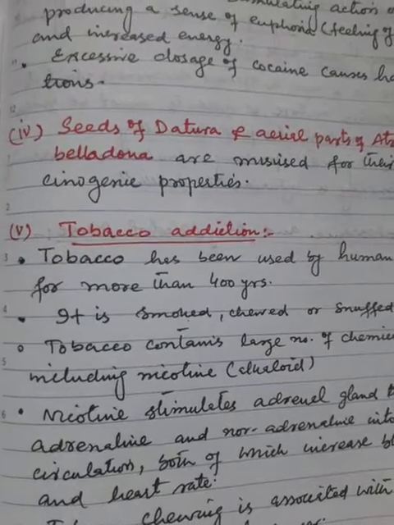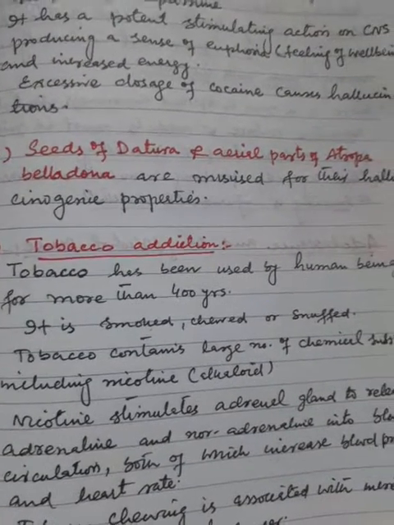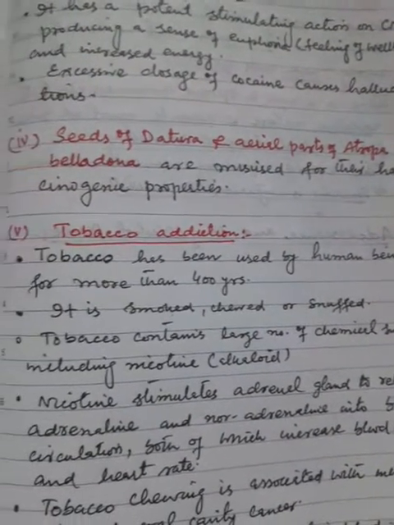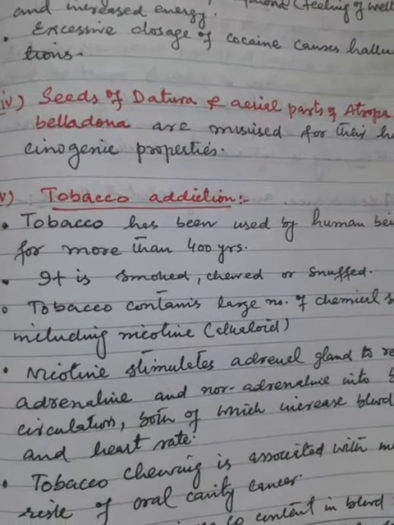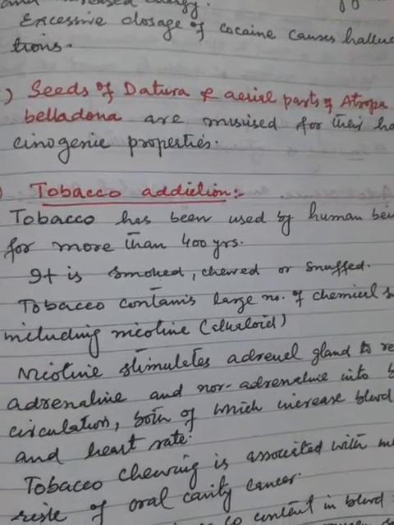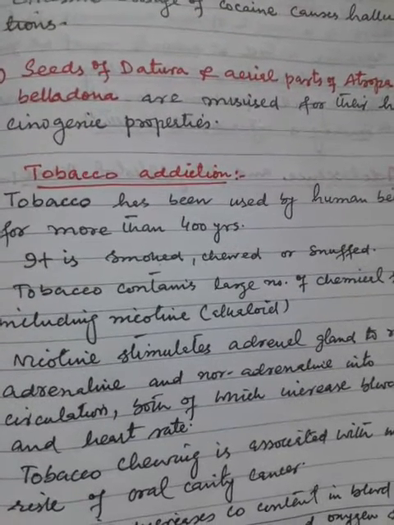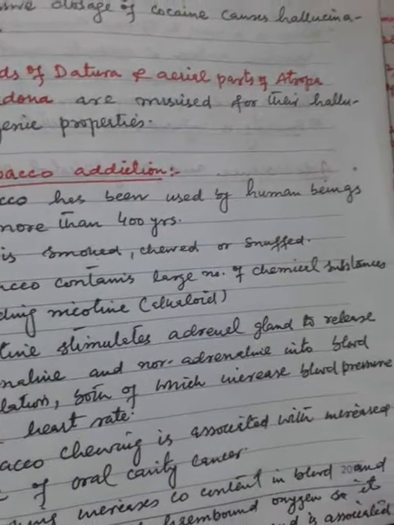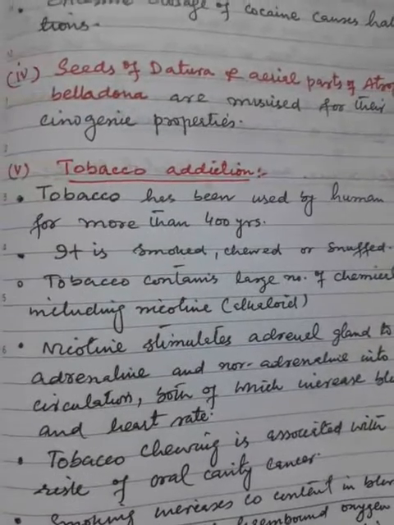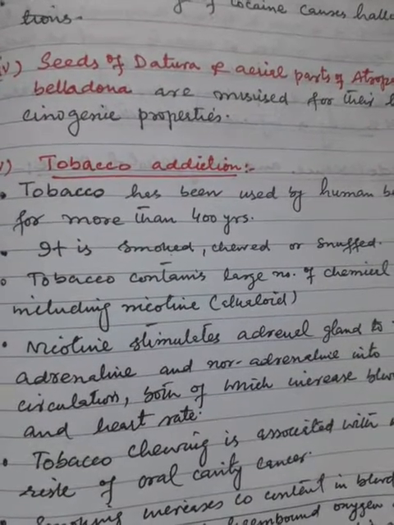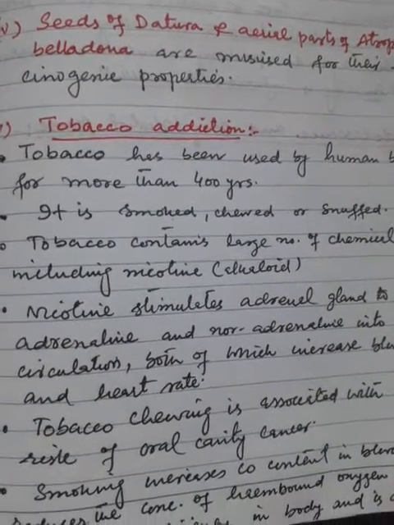Now, tobacco addiction. Tobacco has been used by human beings for more than 400 years. It is smoked, chewed, or snuffed. Tobacco contains a large number of chemical substances, including nicotine, which is an alkaloid.